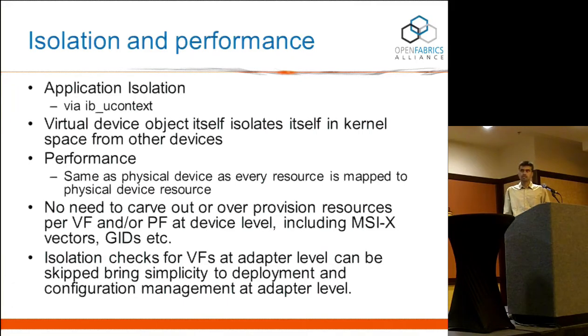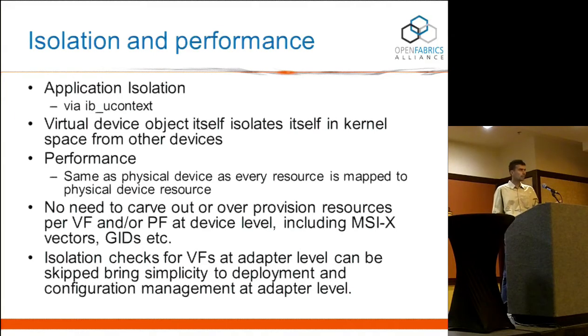Performance: it runs at the same level as what we see with the PF device, because it's mapped to every PCI function. So for the virtual device, all the post send, post receive, post CQ, all the handling, creating the queue pair, there's a very thin layer for the control path that goes through the resource provisioning model to make sure that this virtual device can be created, and this virtual device can use this resource or not.